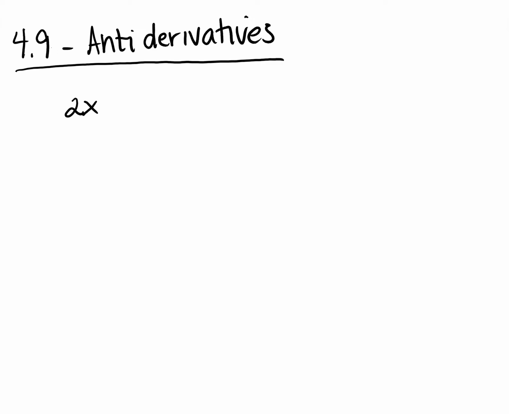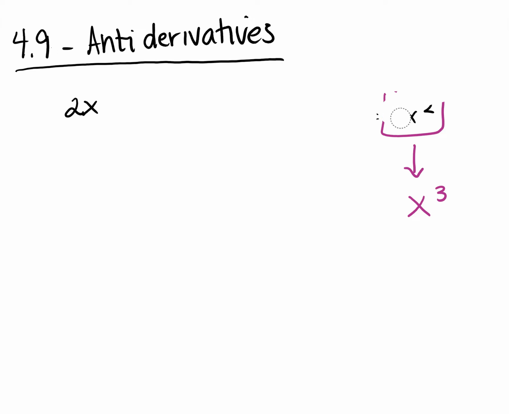So we're going the opposite way. We know that the derivative of x cubed is 3x squared. What if I gave you 3x squared and you didn't have any of this? Could you find the function whose derivative is 3x squared? So we're just basically going backwards.